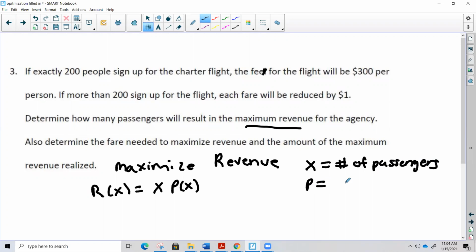And then P again is the price demand function. Okay, so P does represent, I guess I'll just put the price of the fare, but we're going to write our price demand function with our P.